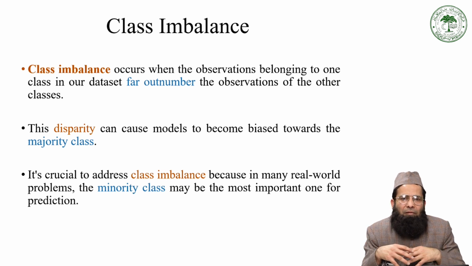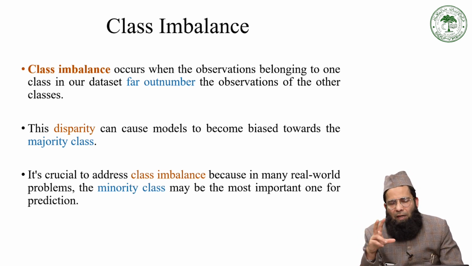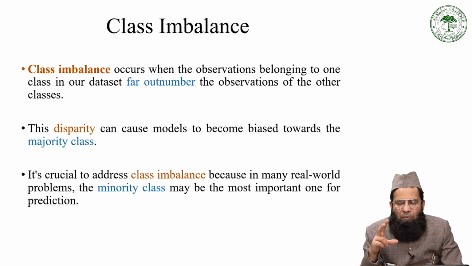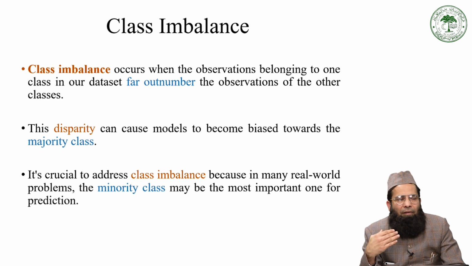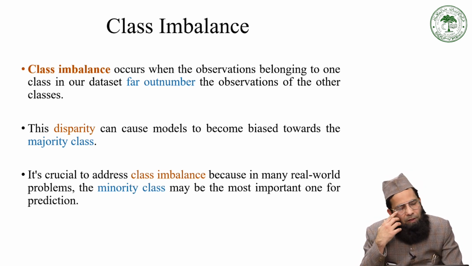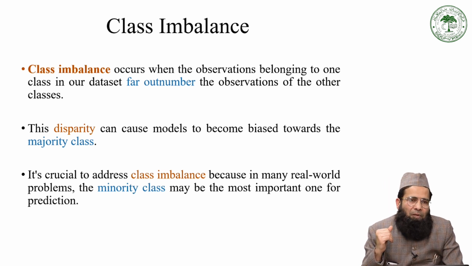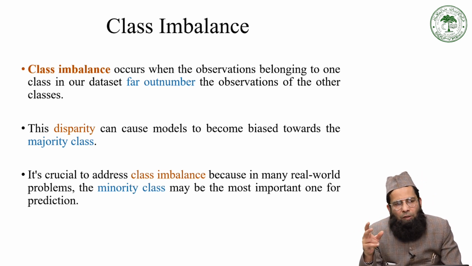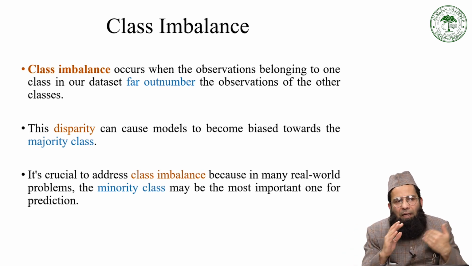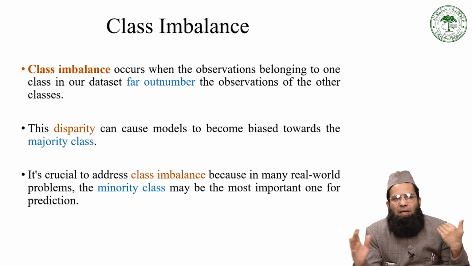Let's say a particular category is having a very high number of records. Let's say there is a data set that is having a binary classification type of problem, I mean the dependent variable is having only two values, either 0 or 1, and suppose records related to 0 are having a large number of records, and the 1 is having very few records.